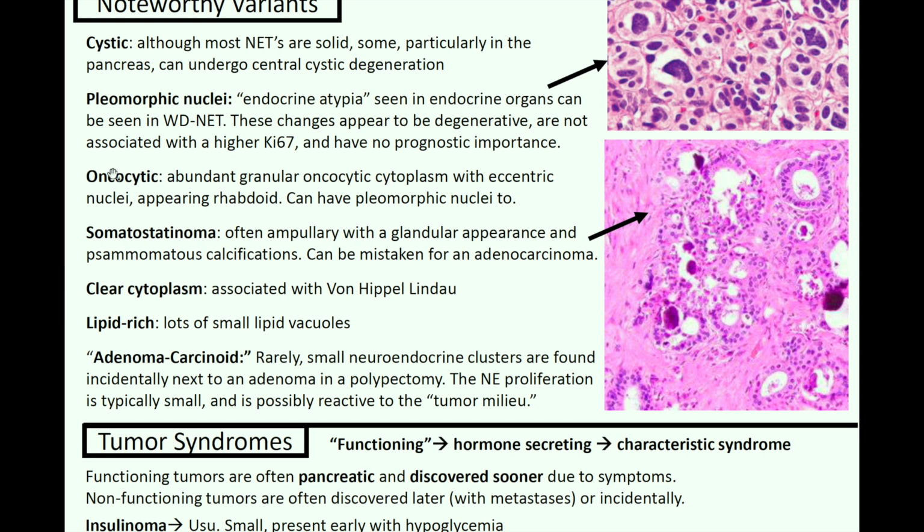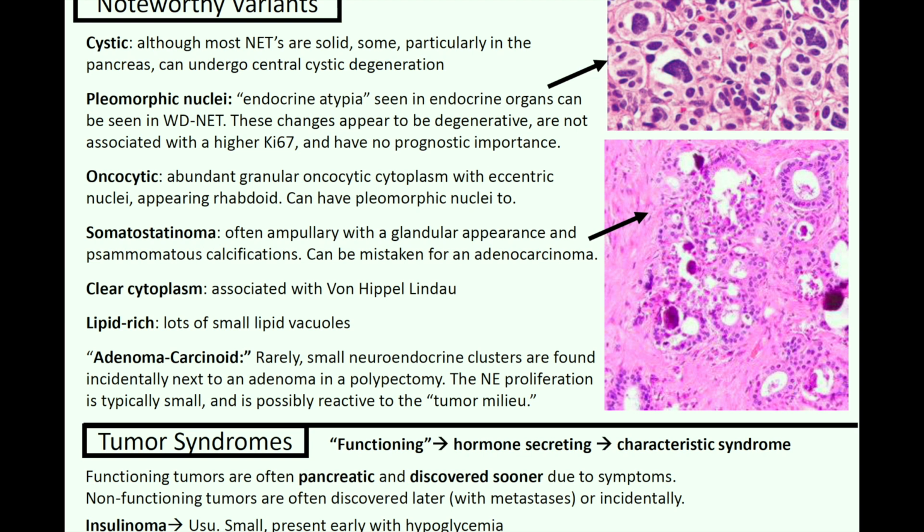Another variant is oncocytic. This is when you have abundant granular oncocytic cytoplasm with eccentric nuclei appearing rhabdoid, and you can have pleomorphic nuclei as well. For a somatostatinoma, this is often ampullary with a glandular appearance and psammomatous calcifications, and it can be mistaken for an adenocarcinoma. You can also have a clear cytoplasm variant.